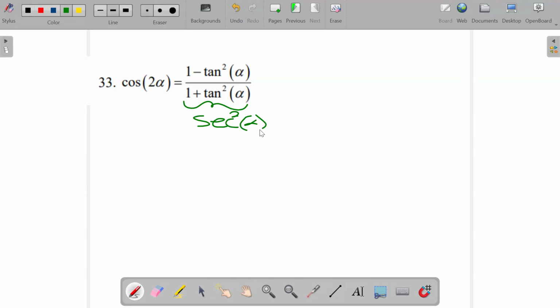And let's see, what do we know about secant squared? Or secant? Secant's 1 over cosine, right? Yeah, so we could rewrite the right side. I'm stuck at the moment with 1 minus tangent squared of alpha. The numerator can be written as secant squared or 1 over cosine squared of alpha.